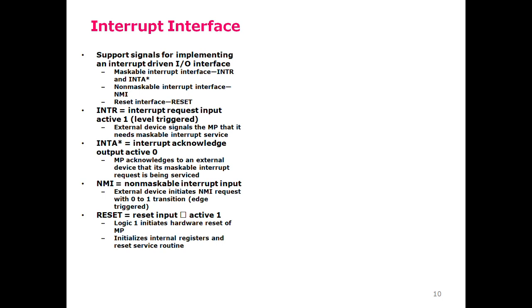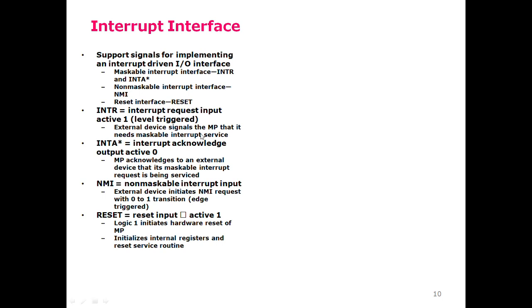And then there is a non-maskable interrupt interface as well, represented with NMI. Through this pin, interrupt requests are still received, but the interrupt request cannot be disabled. That's why they are called non-maskable interrupts. And then there is a reset interface, through which the reset pin is used to reset the microprocessor.